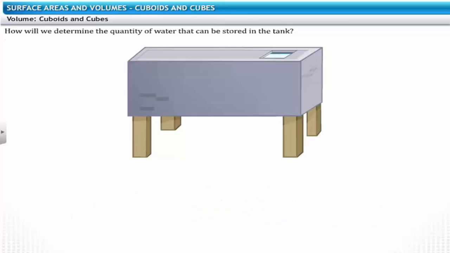Now, in case of the tank, if its length, breadth, and the height are known, then we can derive the formula to calculate the volume of the tank. Let's imagine the water tank is made up of H number of rectangular sheets.